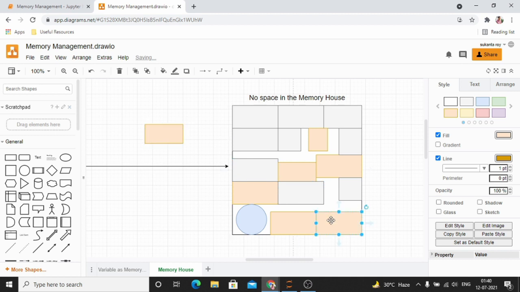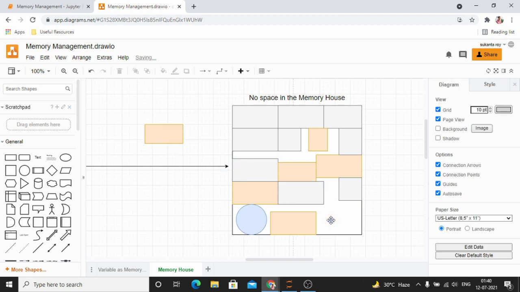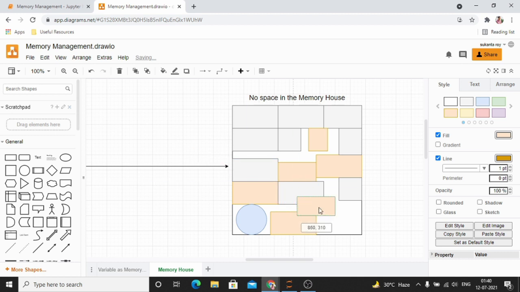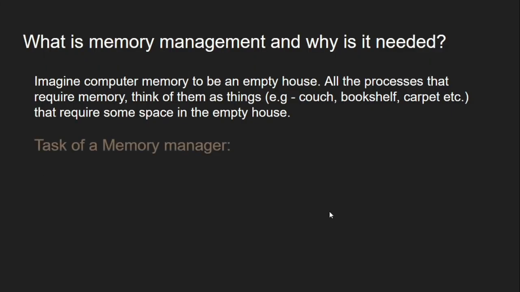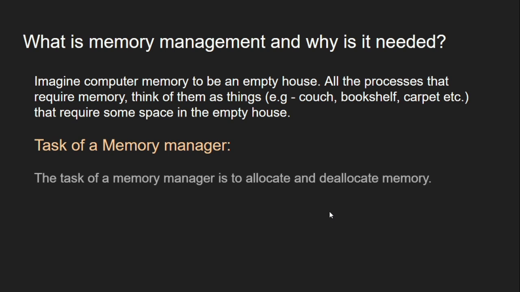Say this particular process is not getting used, so it removes that, and we get another space for this particular process. So this is the task of a memory manager. Basically, a memory manager's task is to allocate and deallocate memory.